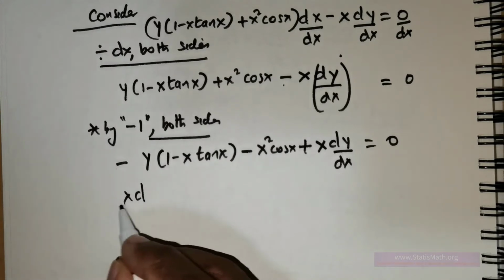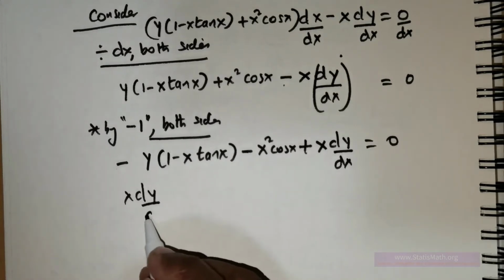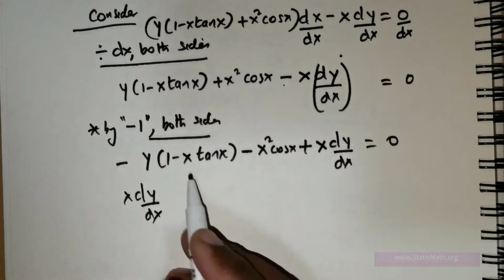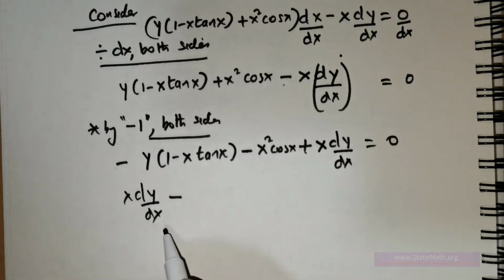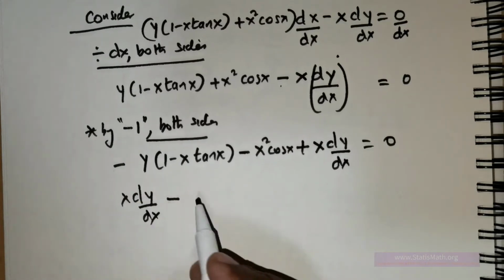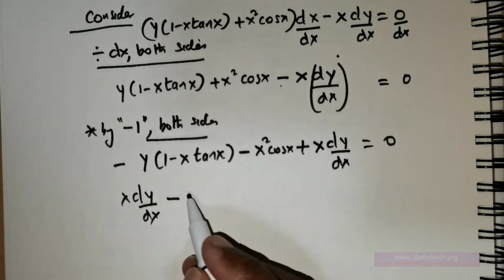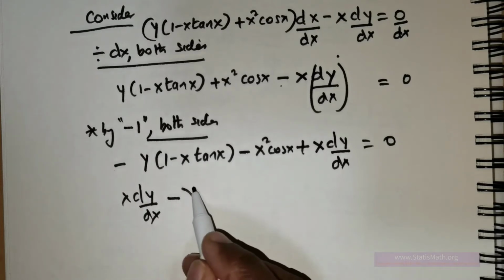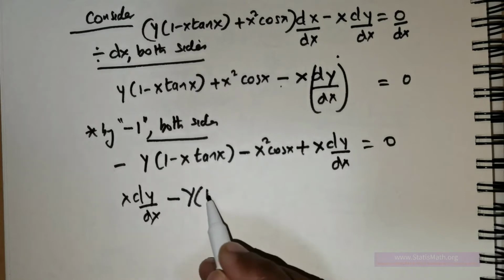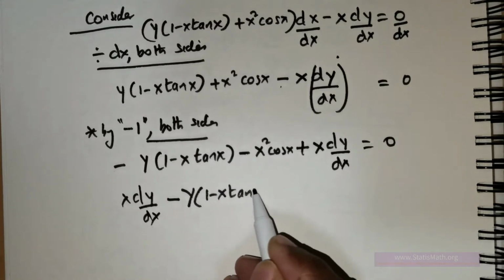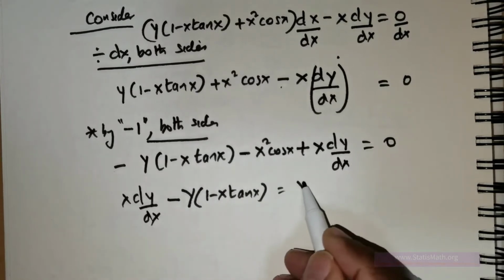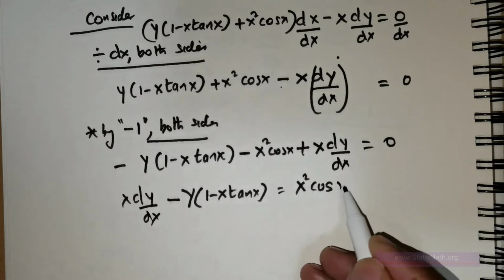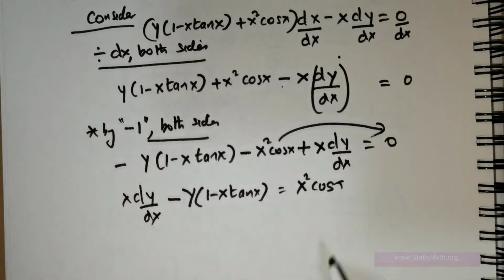So it's going to be x times dy over dx followed by negative, this is actually negative y, right? Let me write it first: negative y of (1 − x times tan x) is equal to x squared times cos x. So I'm moving this to the right side.